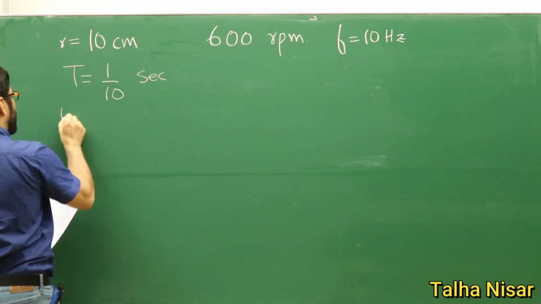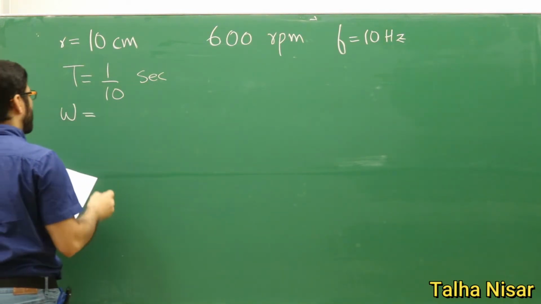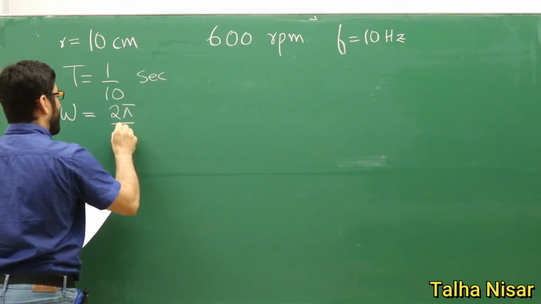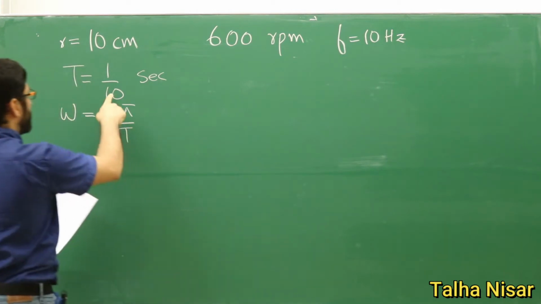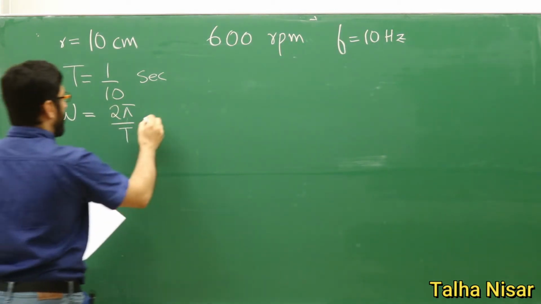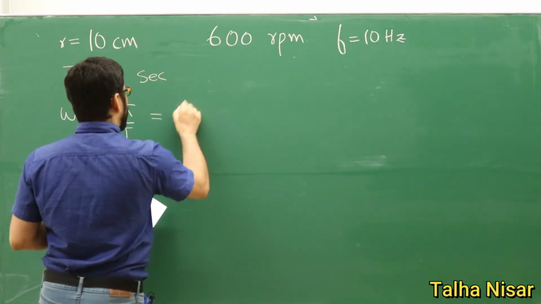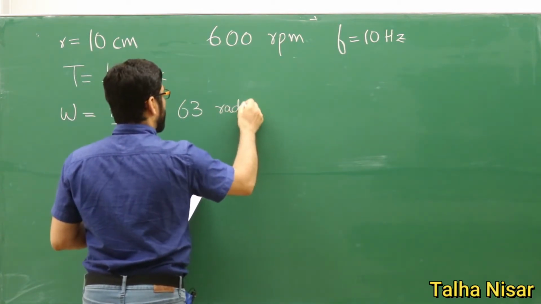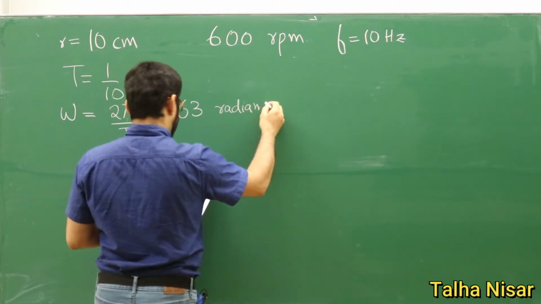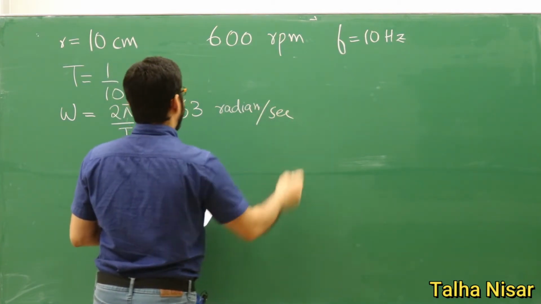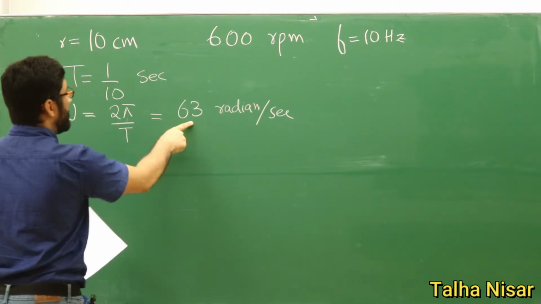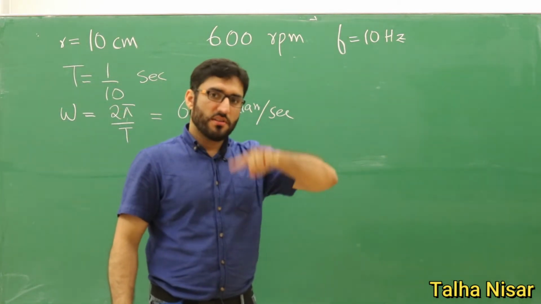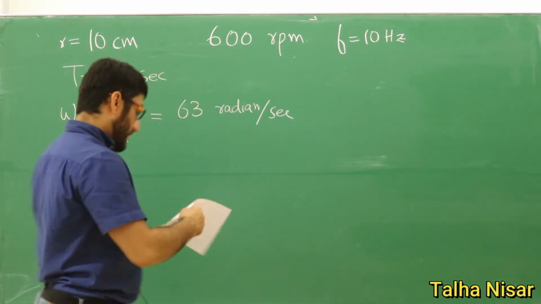For the angular speed or angular velocity, we know that we have 2 pi by t. If we put this value here, we get about 63 radians per second. This is the angular velocity of the motor spinning in the vacuum cleaner.